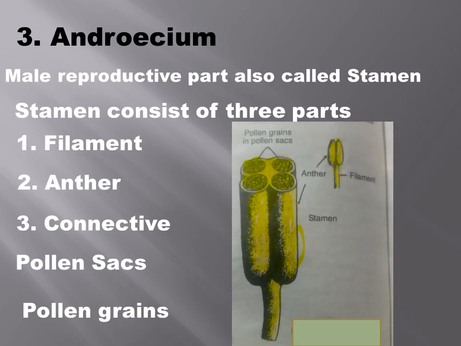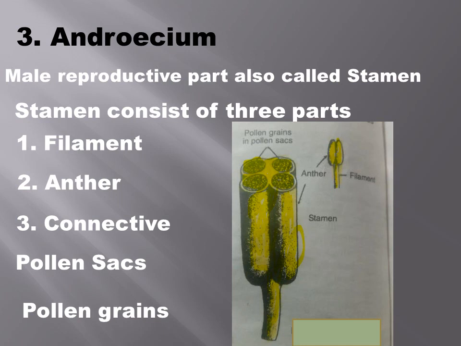In this diagram, you can clearly see the structure of a stamen that is composed of anther and a filament. A filament is the stalk and the anther is the expanded head at the tip. So the filament is the stalk of the stamen while the anther is the head or the topmost part of the stamen.